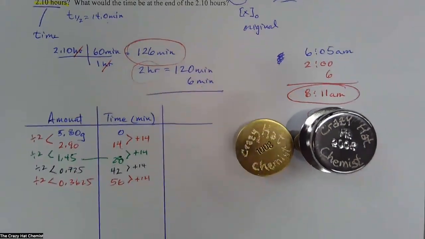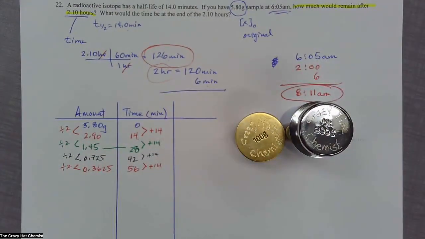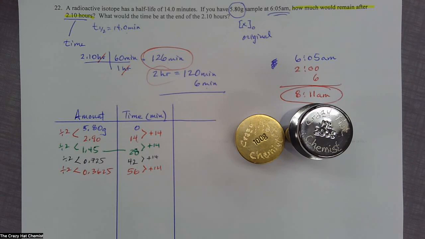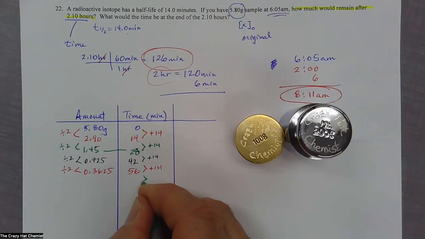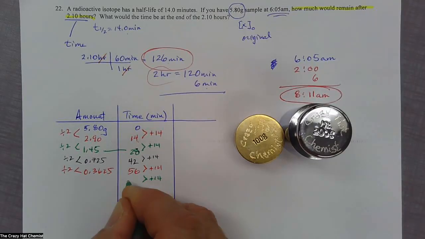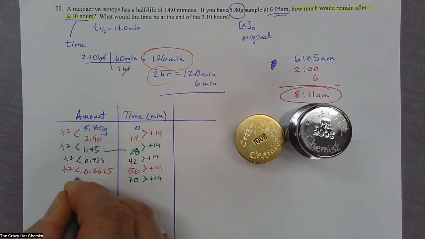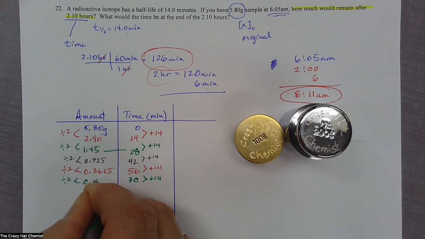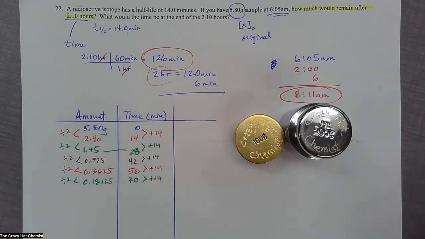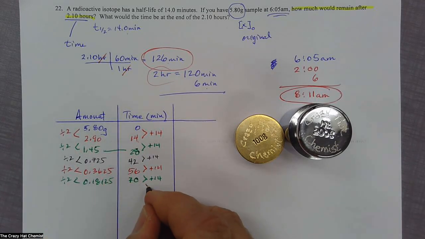And we're going to keep on going with this problem here. Sorry for the bell. I apologize about that, but it is what it is. Okay, and then we are going to continue this process. We now are going to add 14. That would be 70 minutes in total. Divide by 2, and we'll get 0.18125. We're not at the 126.